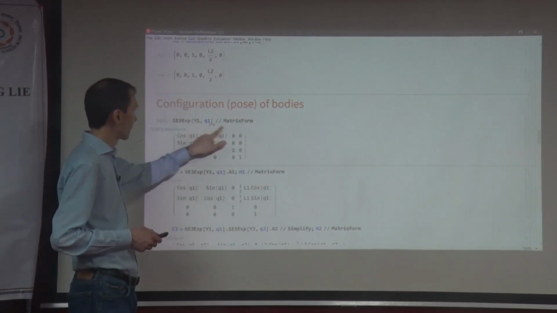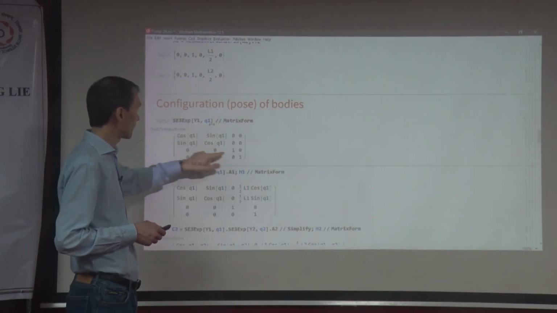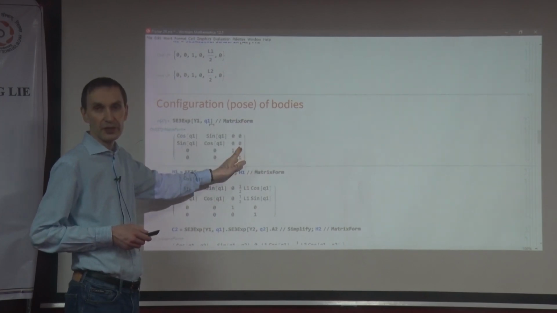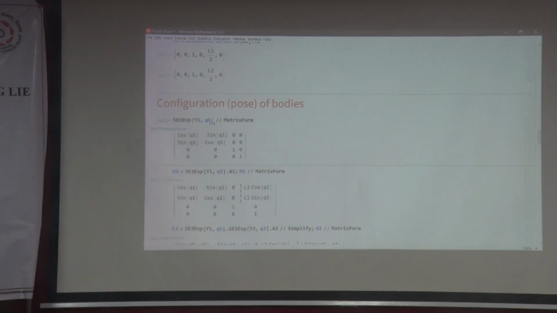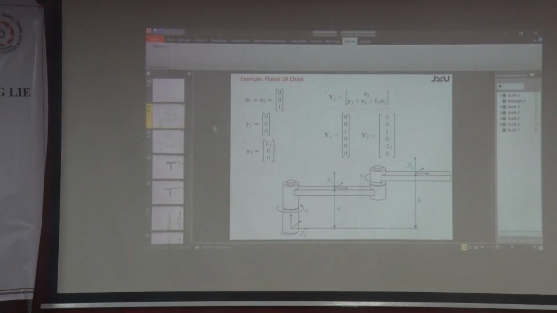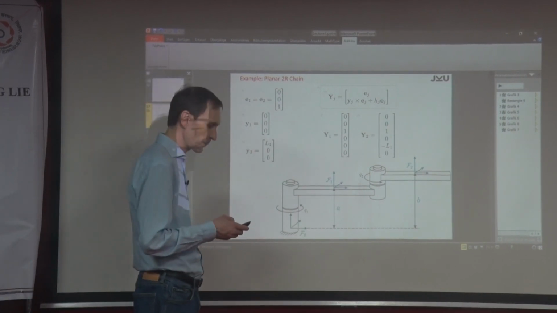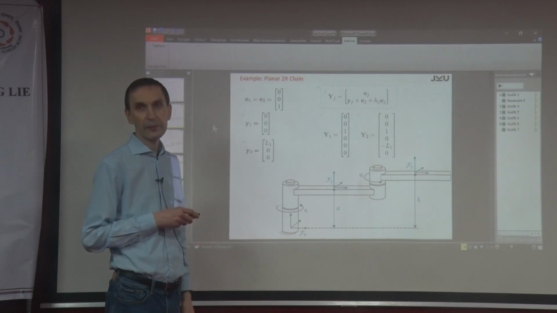Because it's the rotation matrix about the z-axis, and there's no translation. Is that true? Does it make sense? So what I'm saying is that we get out a pure rotation when we plug in this first screw coordinate vector.